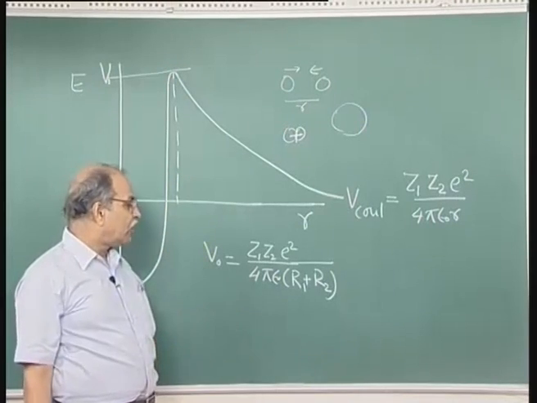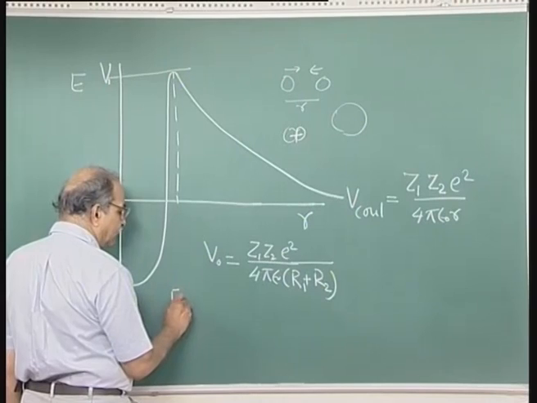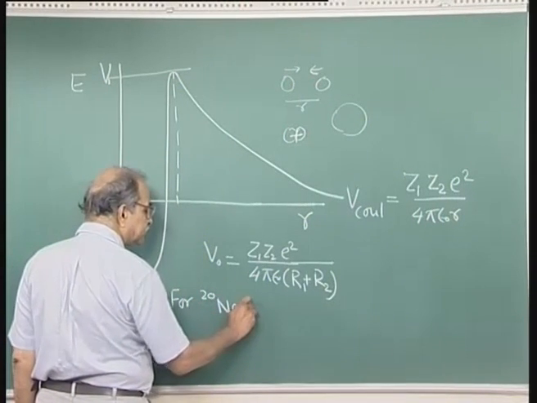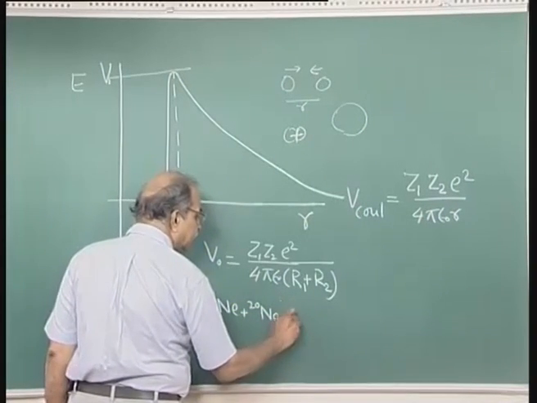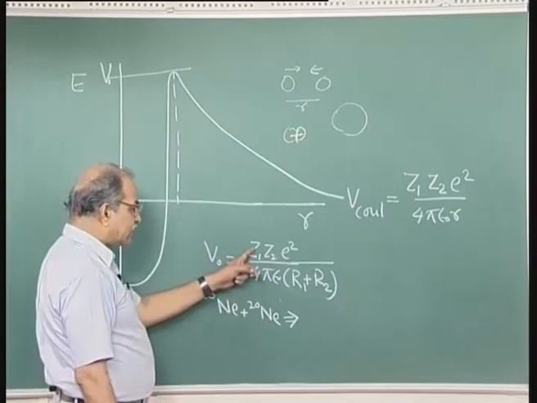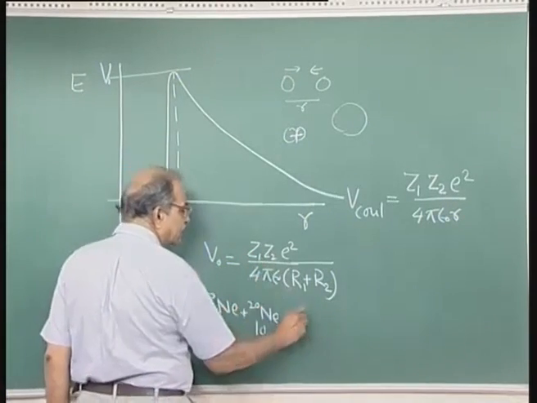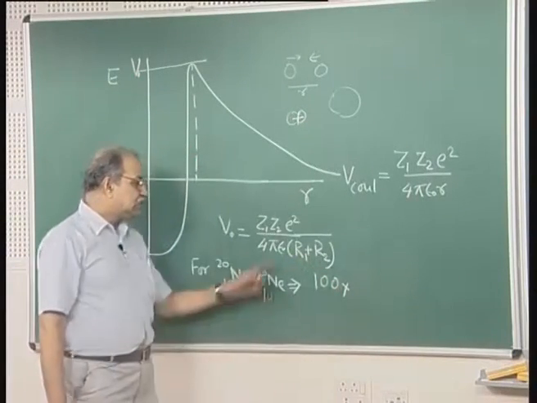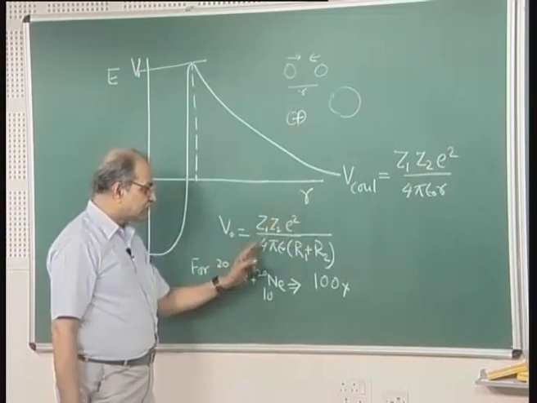We can estimate how much it is. Let us take again the same example, say 20 neon plus 20 neon. For this, Z1 is 10, Z2 is 10, so Z1 Z2 is 100. Then we have e square over 4 pi epsilon naught, which we have used several times.